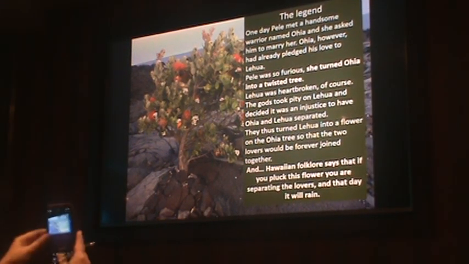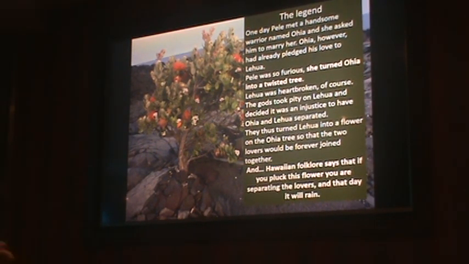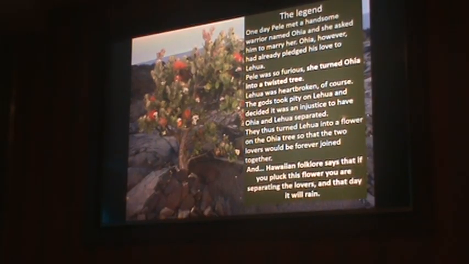One day Pele met a handsome warrior named Ohia, and she asked him to marry her. Ohia, however, already had a love, Lehua. Pele was so furious that she turned him into a tree, the ohia tree. Lehua was heartbroken, of course, and the gods took pity on her and decided that it was unjust to have her separated from her true love, Ohia.